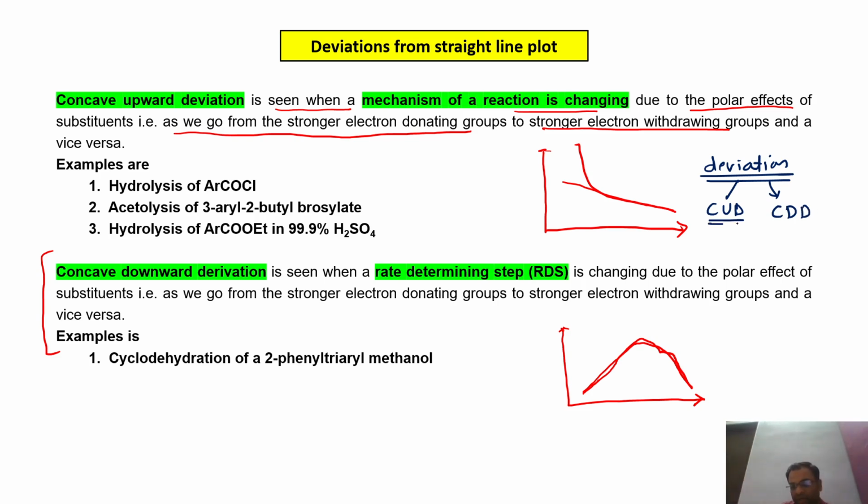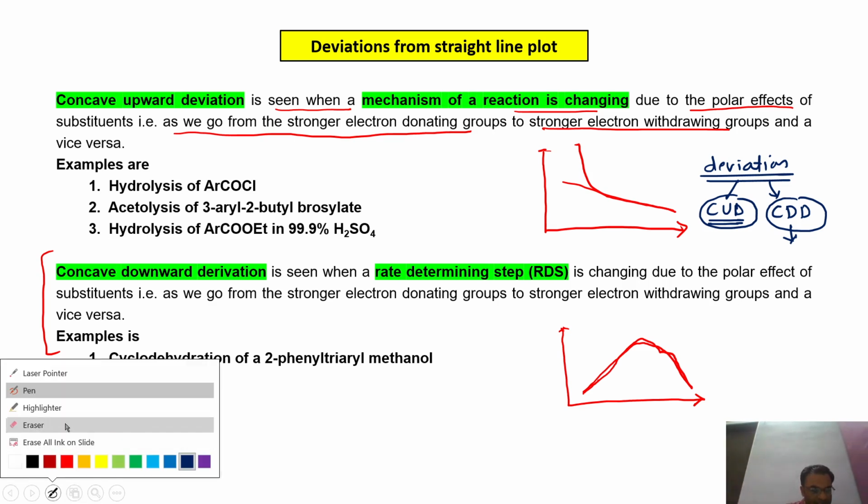The concave upward deviation is seen when there is a change in the mechanism of the reaction, and a concave downward deviation indicates that the rate determining step of the reaction is changing as we move from the electron withdrawing group to the electron donating group.